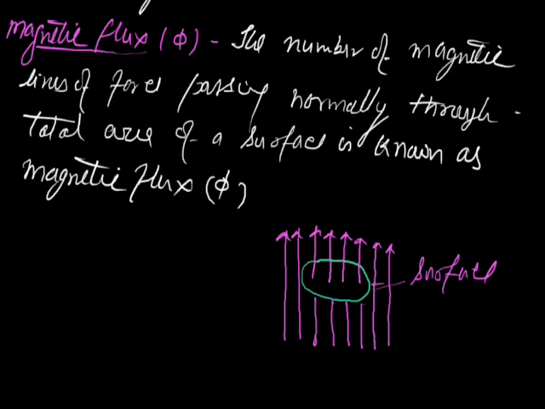Its area will be perpendicular to the plane. The direction of area will be in this direction. That's vector area. In this figure, 1, 2, 3, 4, 4 magnetic lines of force are passing through or crossing the surface. So here the flux will be 4.